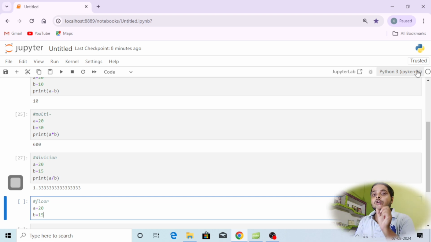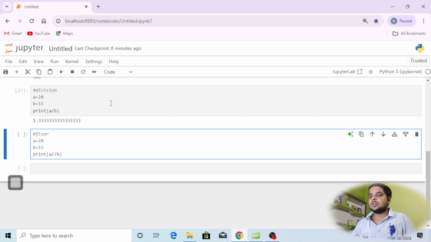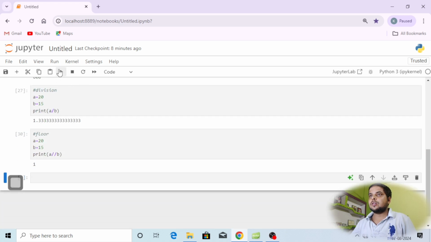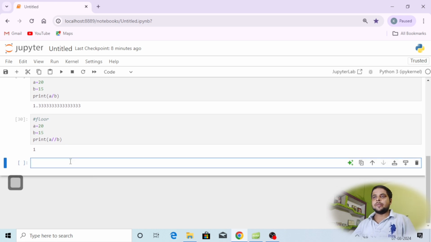Floor division gives only the integer part. The output is the integer part only in the floor operator. So print A floor divided by B. Now the output is clear. I hope it is clear to you.